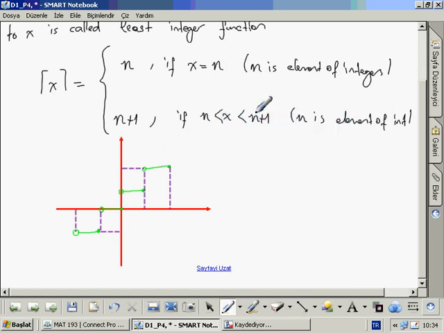These values are +1, +2, and this is +1, and this is +2, -1, -1, and -2. Okay, this is the least integer function.